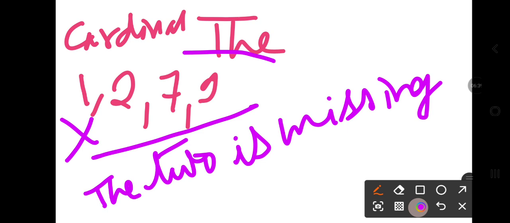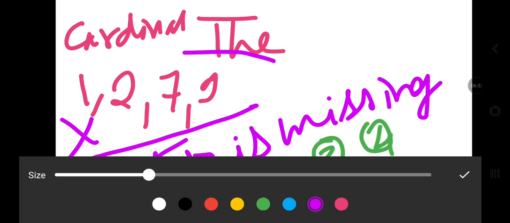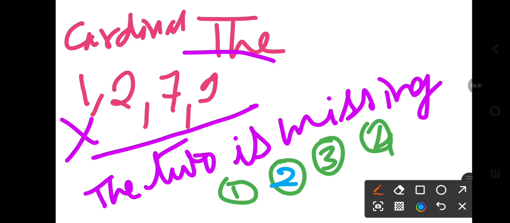For example, if I am playing housie and the numbers are 1, 3, 4, here number 2 is missing. In that case we can say the 2, because other numbers are available but 2 is missing. So when it is particular, then we use the with cardinal. Otherwise the is not used for cardinal.